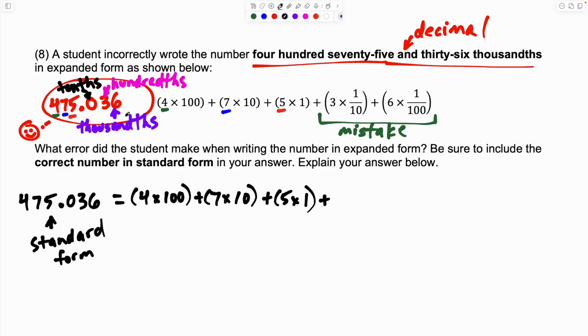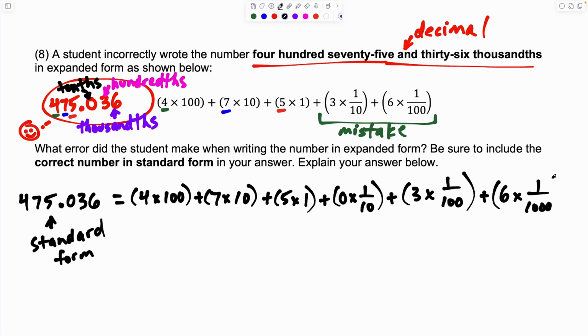Here we would have a 0 in the tenths place, so it'd be 0 times 1 over 10. And then plus a 3 in the hundredths place. So the 3 times 1 over 10 is no good. It should be 3 times 1 over 100. And then plus the 6 should be in the thousandths place, so it should be 1 over 1,000 at the end. So this would be the correct expanded form here.